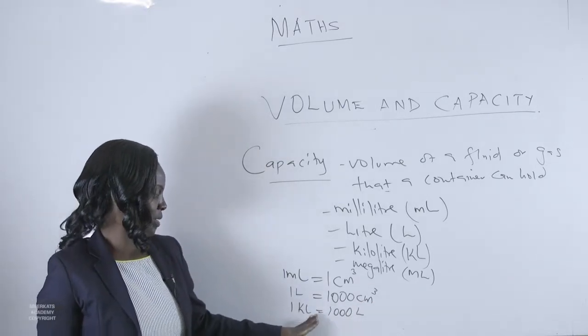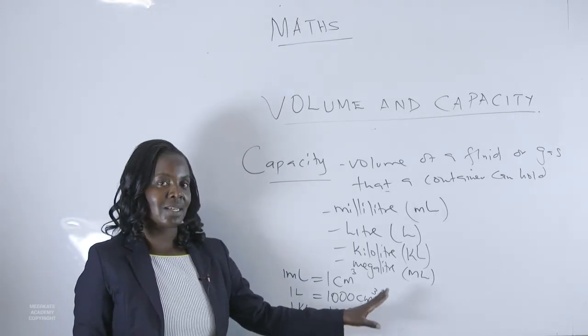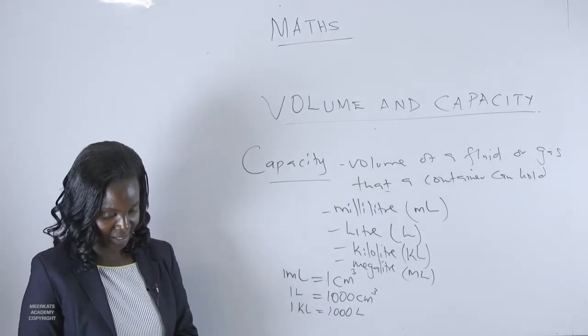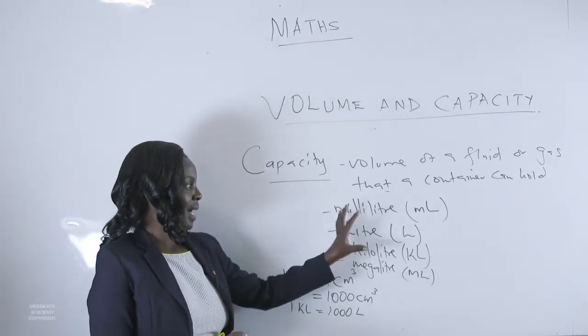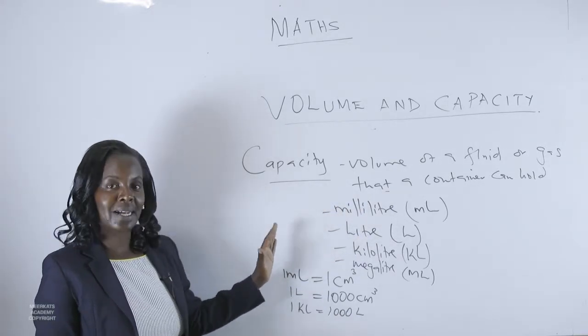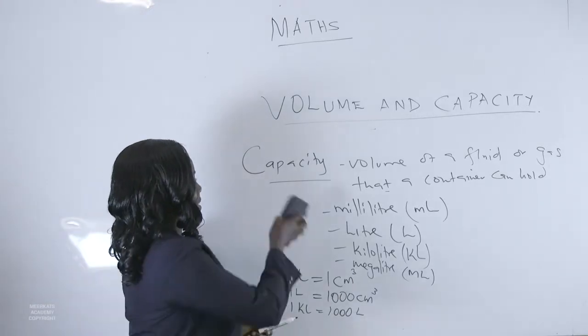So if you want to get 1 kiloliter, you multiply by 1,000, and you will get 1 million cubic centimeters. So these are the metric units that are used in capacity. Let's take some examples.